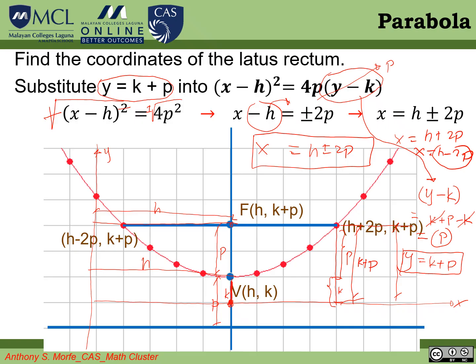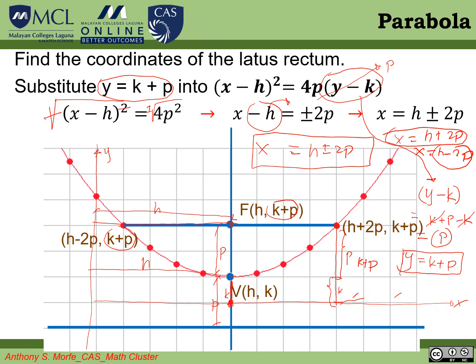Again, the ordinate will remain the same, k plus h. That remains k plus h. On the right side, the point on the right side is where you use x equal to h plus 2p. And the ordinate is the same as this one because they are on the same line.